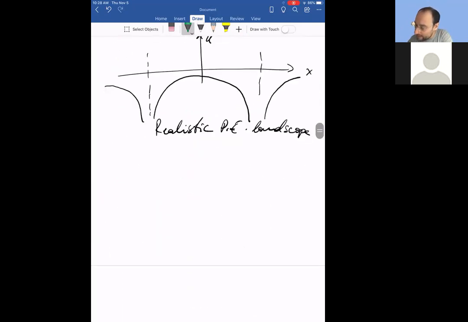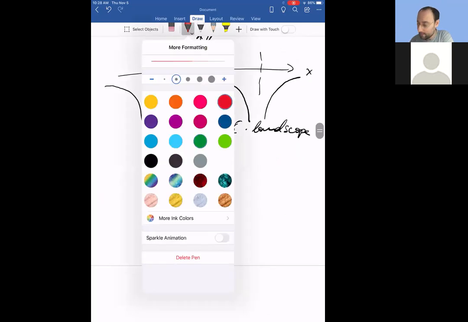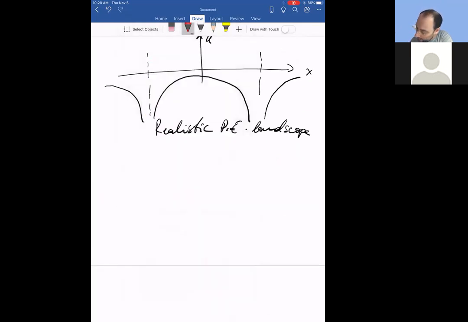So what happens energetically is the following. When wells or atoms are really far, you have basically just one single energy level. And when you start bringing them close together, the energy levels split. So this is E1 and this is E2.